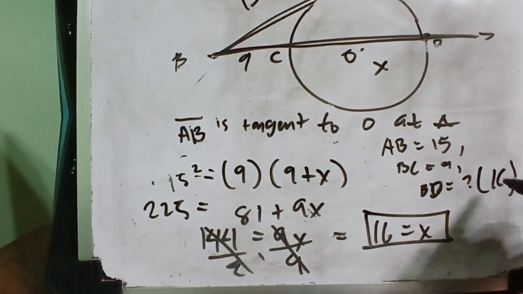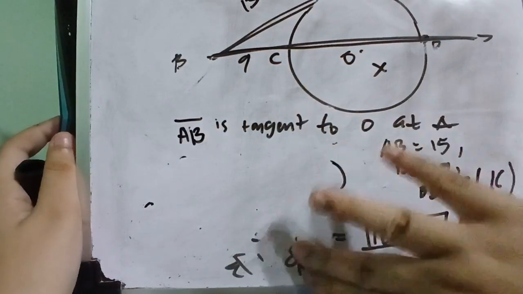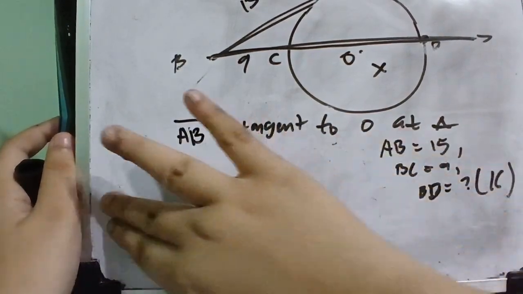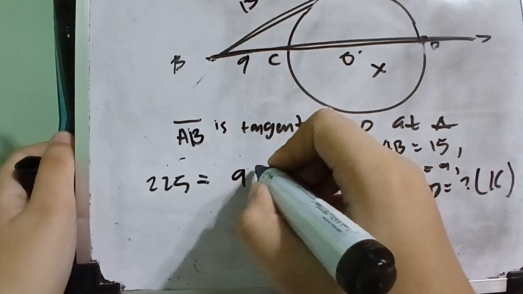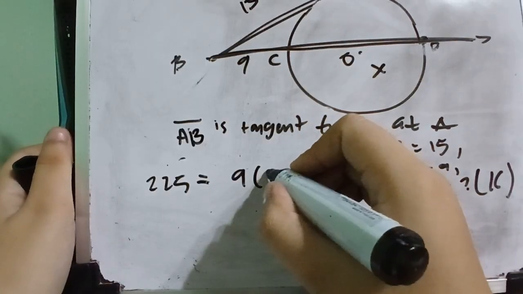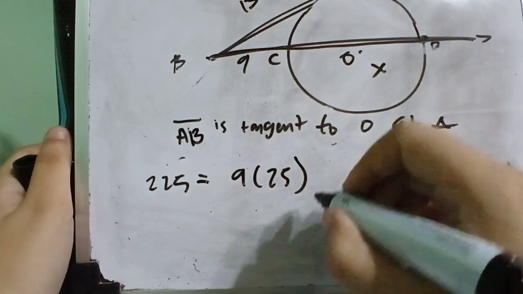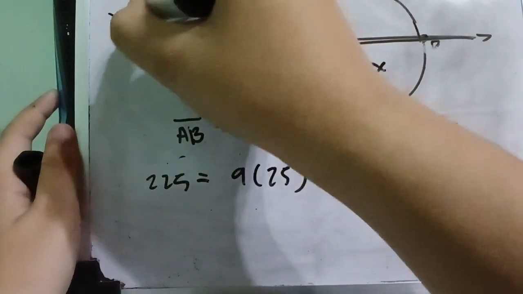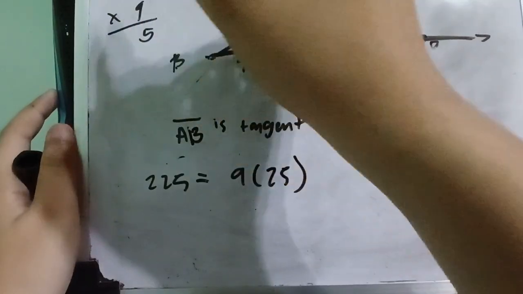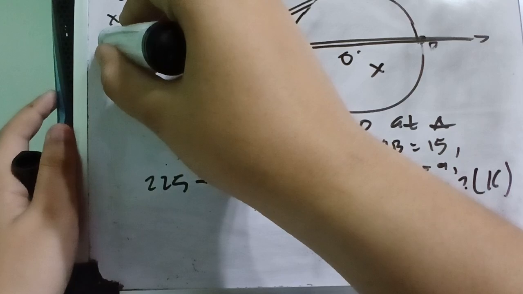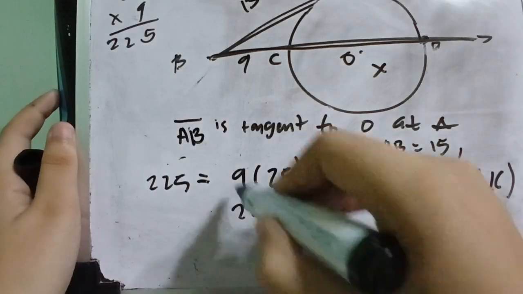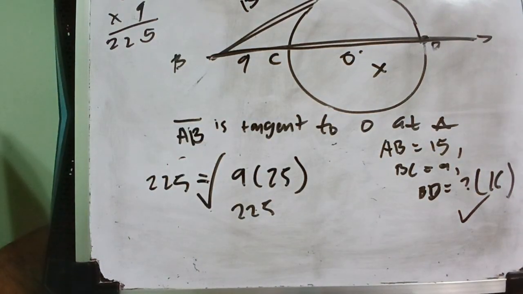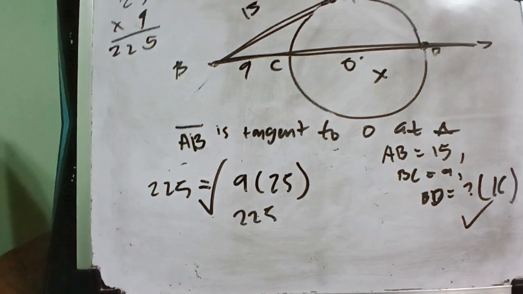So, BD, assuming BD is 16, let's check if it's correct. 15 squared is 225. It should equal 9 multiplied by 9 plus 16, which is 25. 9 times 25 is 225. So, that's correct. It's just a typo in our book, since I found it at the progress check, page 143.